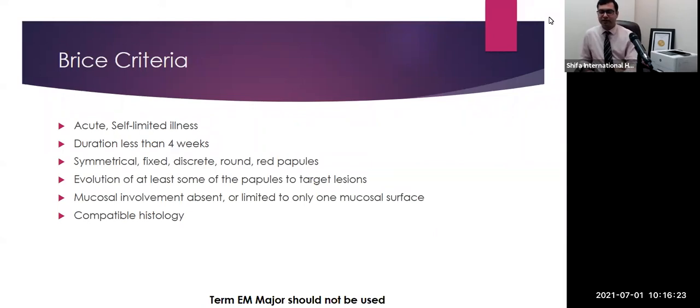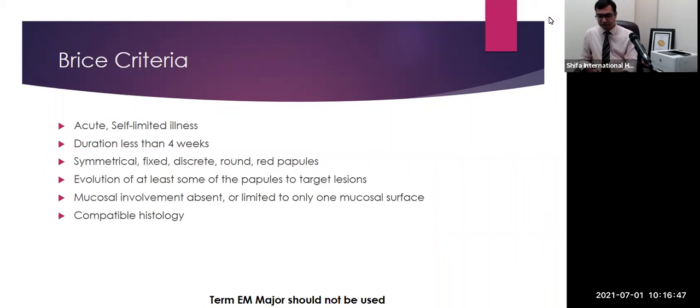Now, there is a bit of discrepancy or discussion between the academics here. Some people don't regard EM, erythema multiforme, as part of the spectrum of SJS and TEN, because they write that cytokines are different and the pathophysiology is different. So that's the reason people say don't use the term EM major. Some do, some don't.